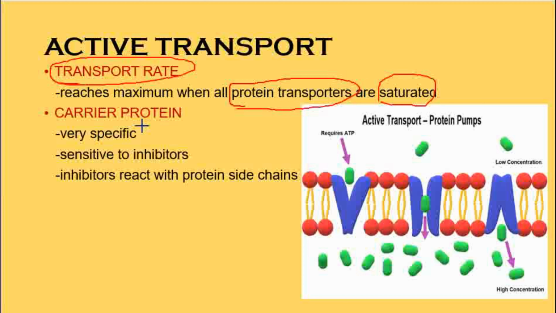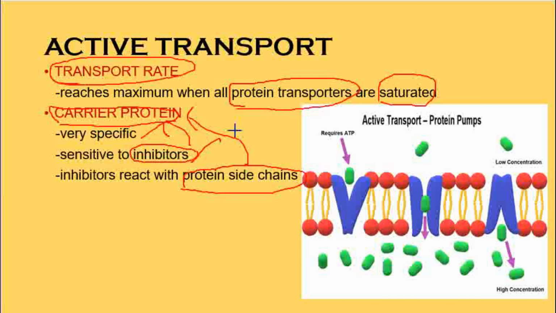And coming to the carrier protein, the carrier proteins involved in active transport are very specific, so they allow only selected substances, and they are sensitive to inhibitors. There are inhibitors which can inhibit the carrier protein and affect the transport mechanism. The inhibitors react with the protein side chains of these carrier proteins to inhibit the transport.